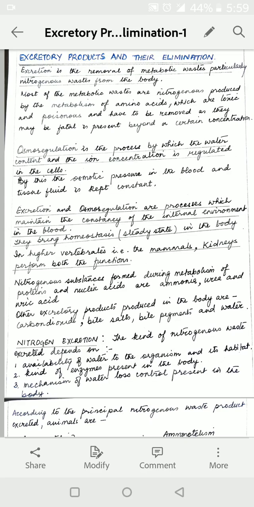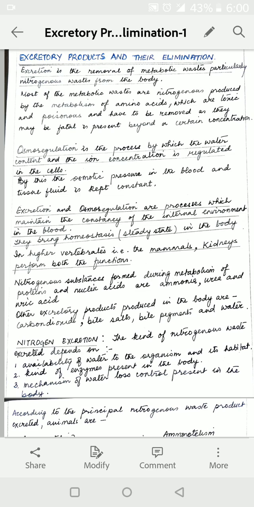The bile pigments that are produced are biliverdin and bilirubin, and the bile salts are produced during lipid metabolism in the liver. Mainly the nitrogenous substances like ammonia, urea, and uric acid are formed during the metabolism of proteins and nucleic acids. And then water is also an excretory product.